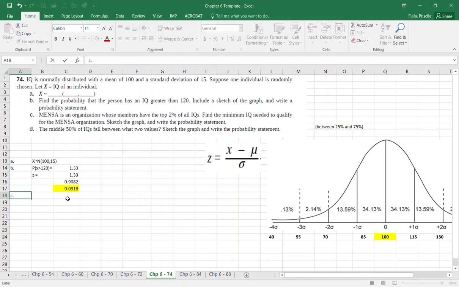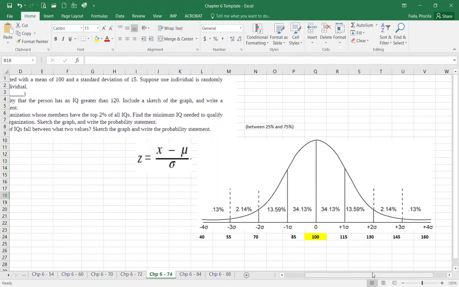For part C, it's asking you: Mensa is an organization whose members have the top 2% of all IQs, so everything else is 98%. Find the minimum IQ needed to qualify for the Mensa organization, and then write the probability statement. The way we're going to do this is, if we know that 2% of all IQs are in the top portion, it's just this right here.